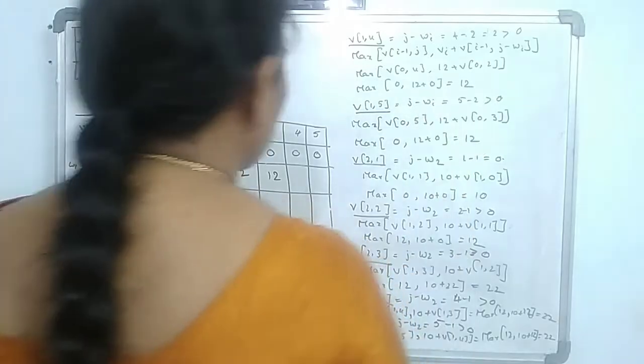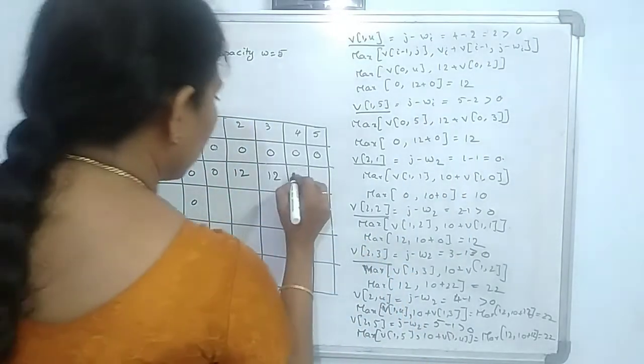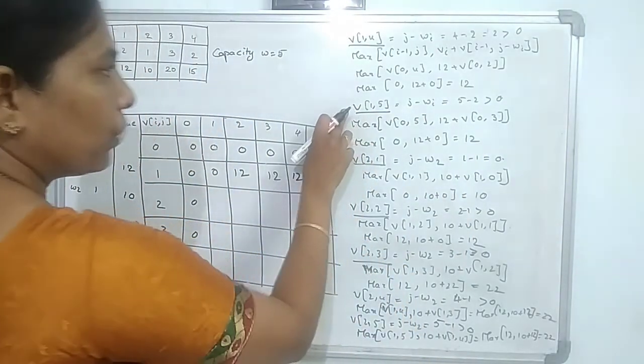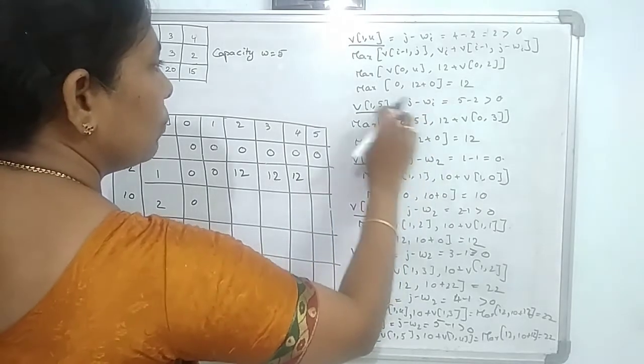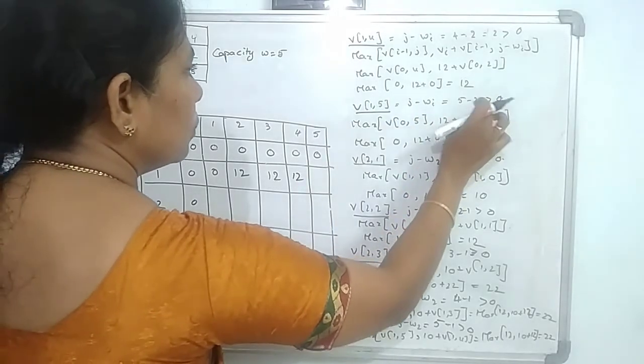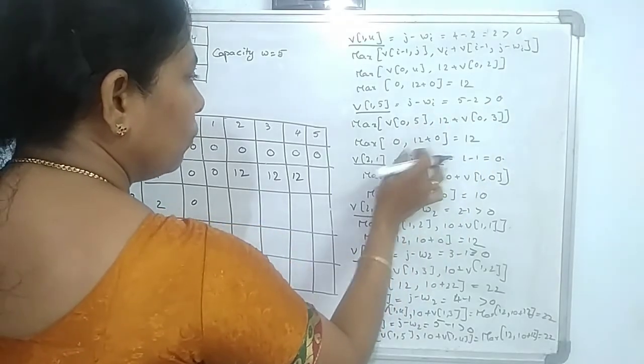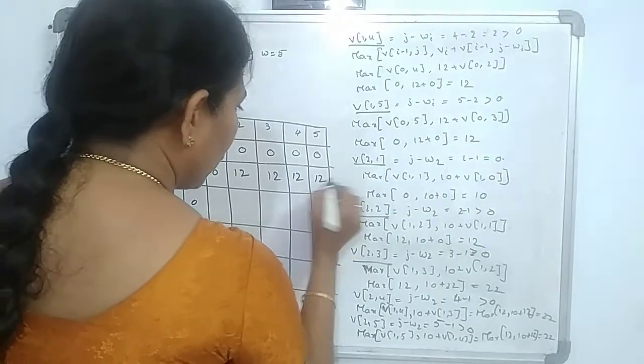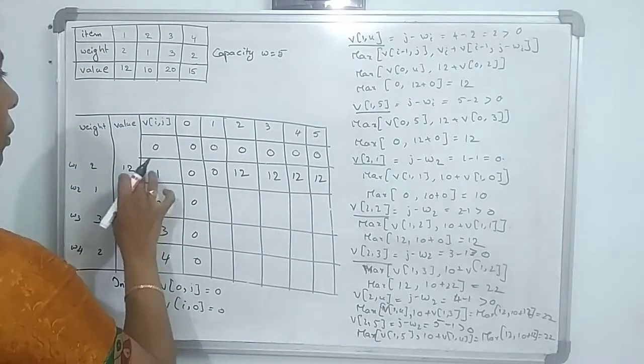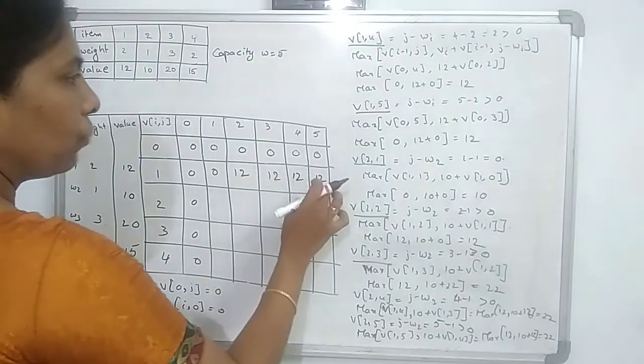That is 12. So you can fill the value. Now V of 1 5. J means 5, 5 minus 2 is 3, greater than 0. So again you can apply the equation and calculate the value. That value is 12. So in that we can calculate 1 1, 1 2, 1 3, 1 4.